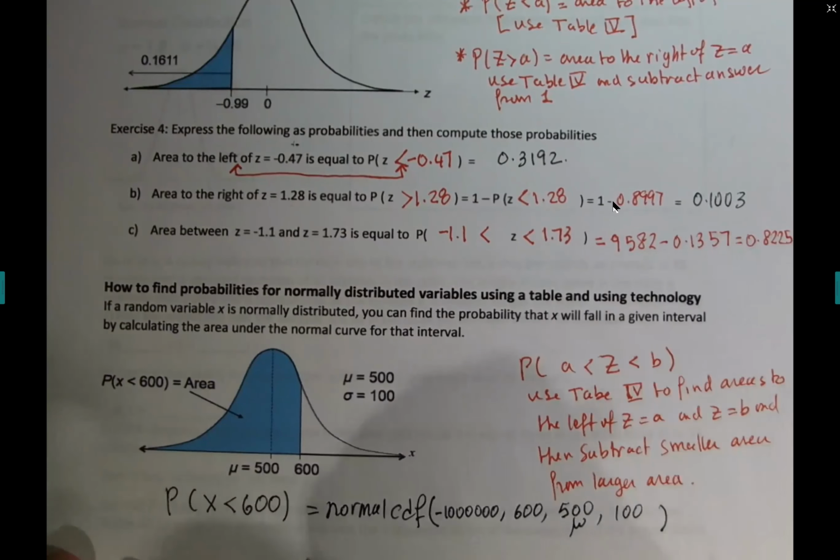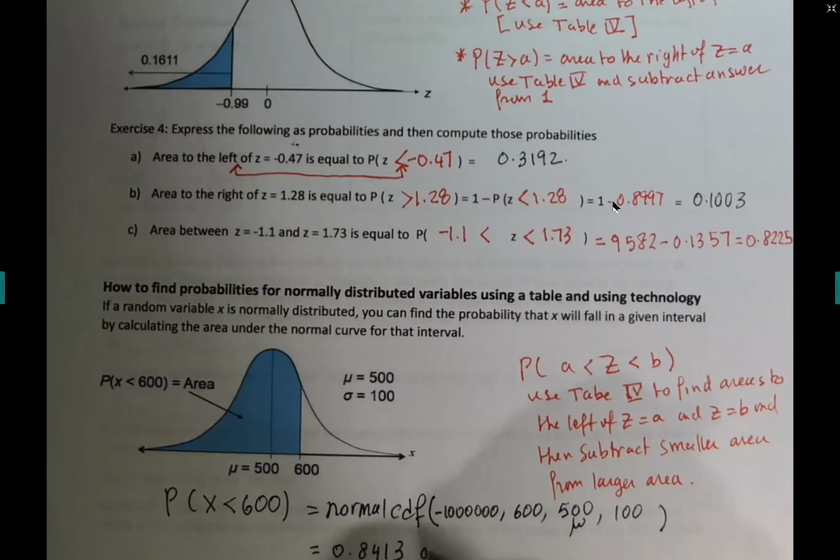And then you get the answer, 0.8413. If he says write your answer as a percent, you can write it as 84.13%.